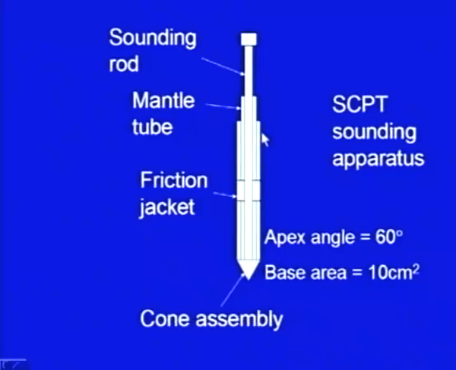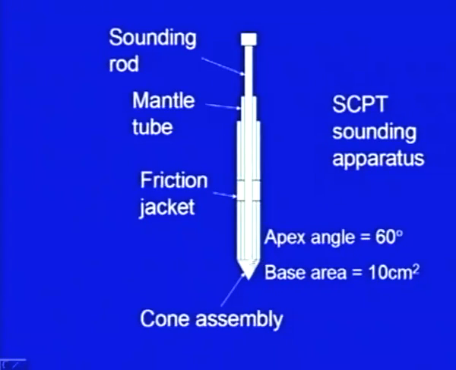Here is the schematic diagram of the apparatus, the sounding apparatus. This is the sounding rod here, and a cone is attached. This particular assembly here, up to this one, is called the cone assembly.